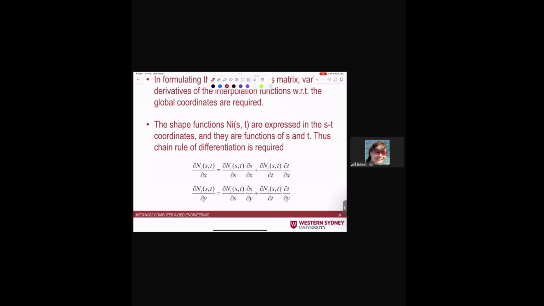Okay, actually, the Jacobian matrix is derived this way. When we do the calculation of strain, we know the displacement u.